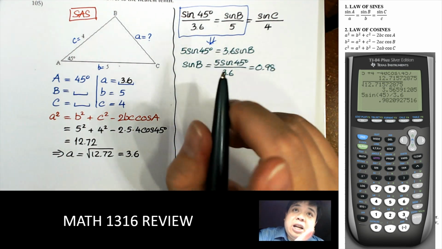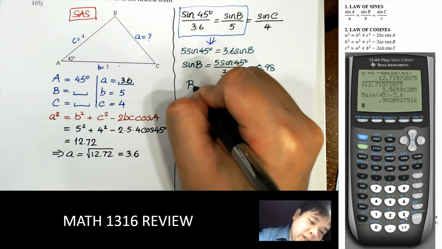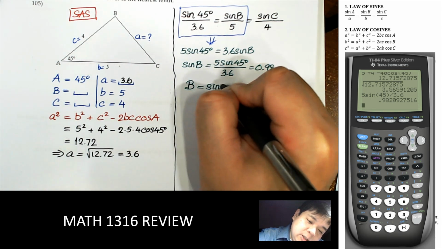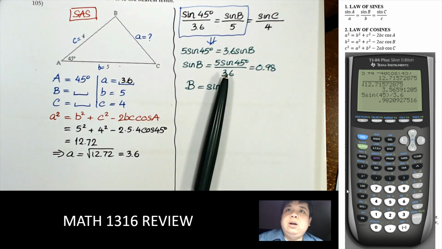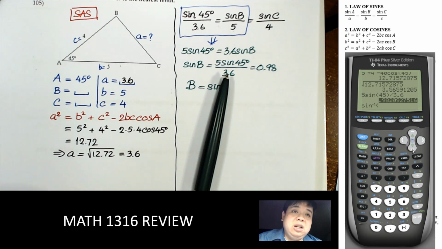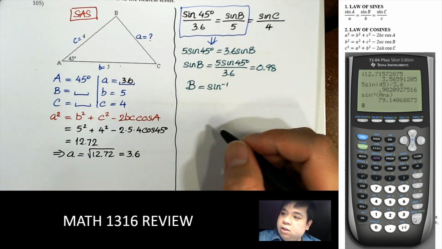Right, take the inverse of that. We have B is equal to sine inverse. Again, we can always go up there, hit enter. But if your calculator cannot go up, we can hit second answer, and that will do the same. 79.14.